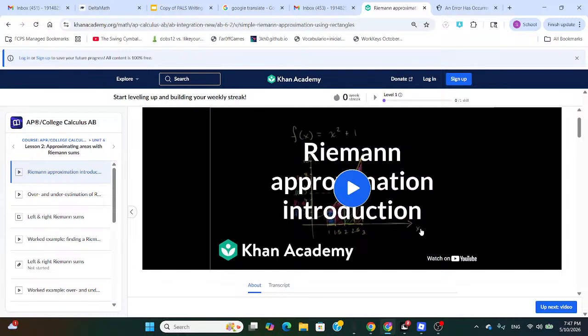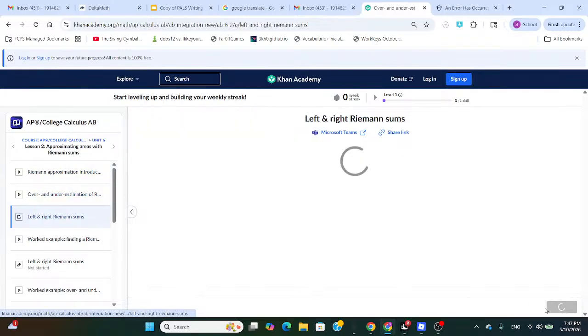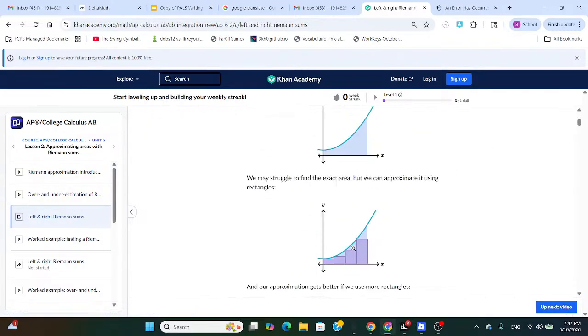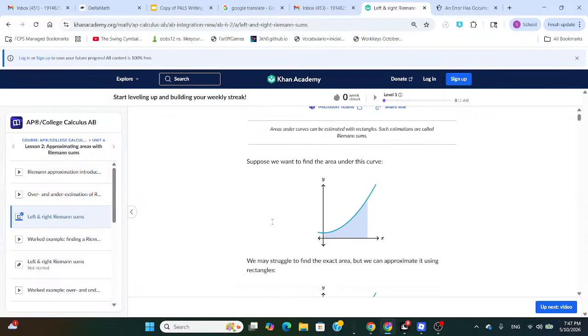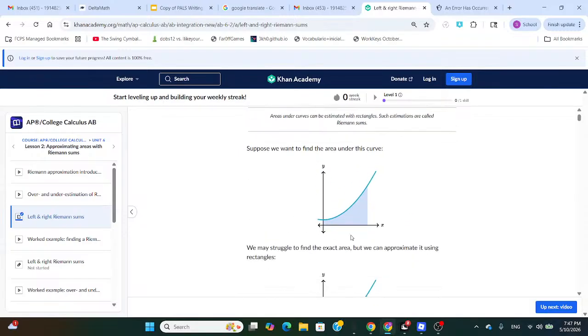Riemann approximation introduction. Oh, wow. I ain't trying to do all that, bro.